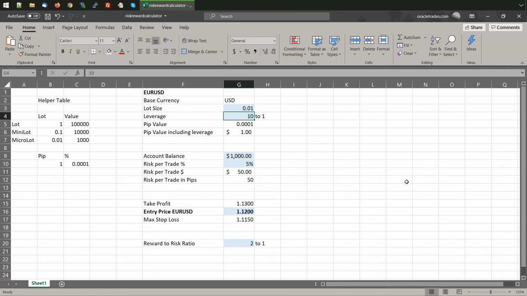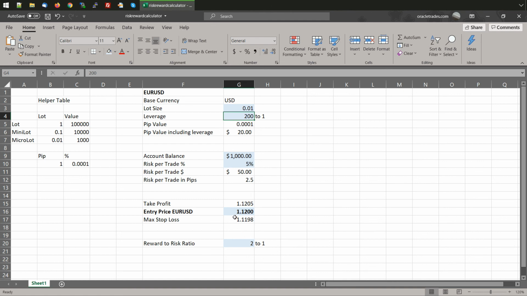So let's have a look how that would look if I had a 200 to 1 ratio. And you can see that's quite a common thing you see on some of the Forex trading websites that they offer you. And with $1,000 capital and the willingness to risk only 5% per trade, which, let's remember, is already a relatively high risk, you can only risk $50. But with that amount of leverage, you're obviously trading a lot of money, right? You're actually trading $200,000. So it's as if you had $200,000.